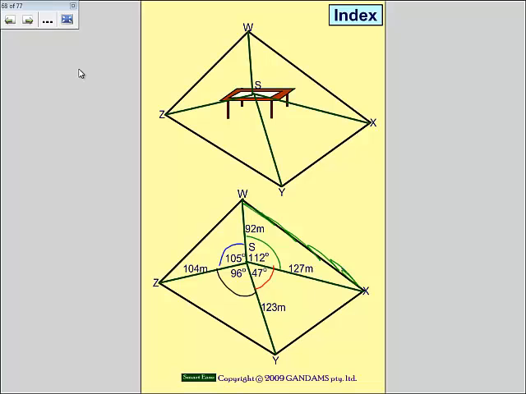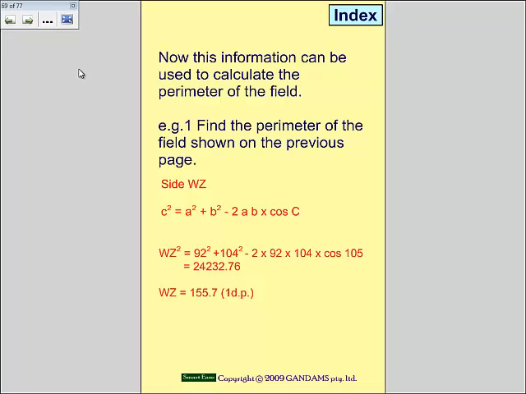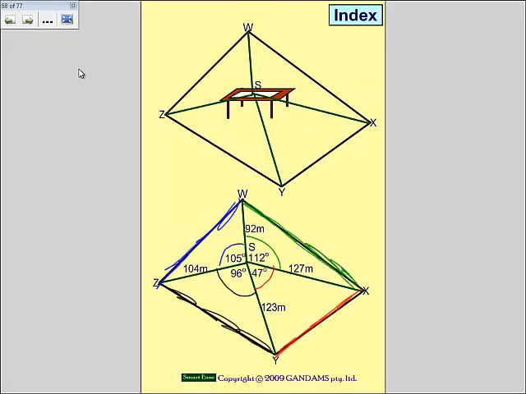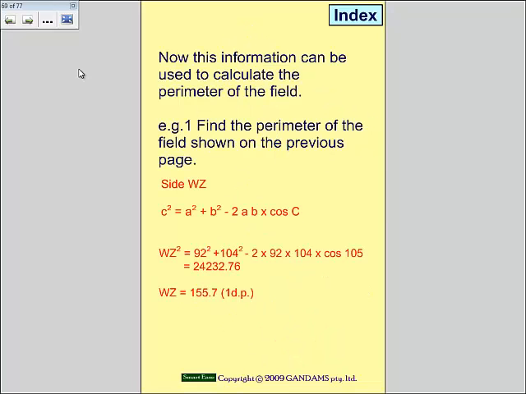So this is green, the next one's red, and then black's going to work well, and the last one was blue. So the perimeter is all four of those distances added together. Heading to our working out, the first one they're working out is side WZ. Now WZ is the blue one, so I'll put a little bit of blue next to this.